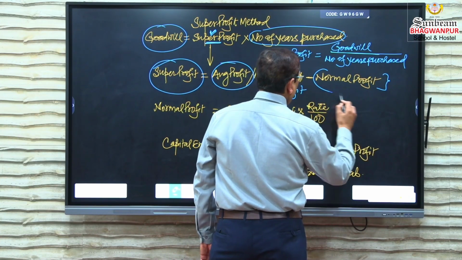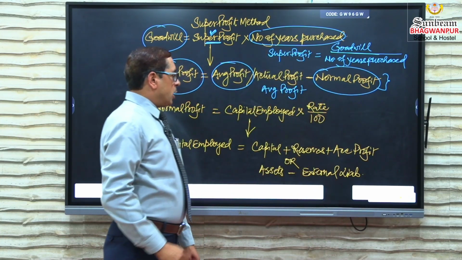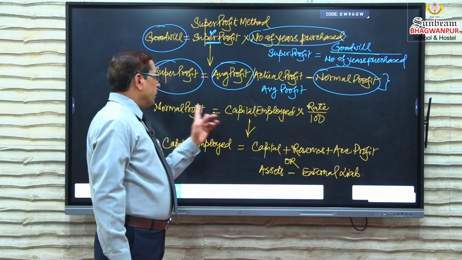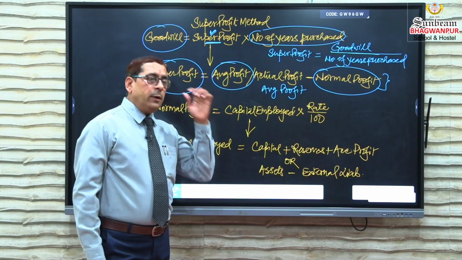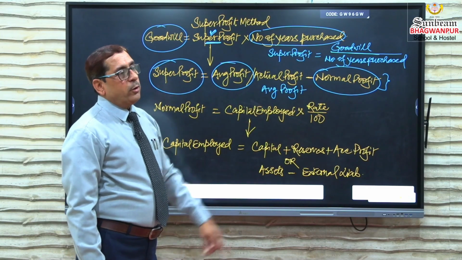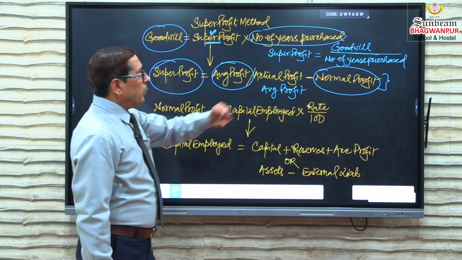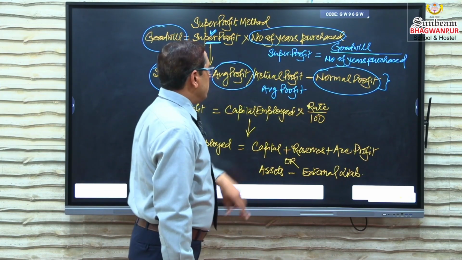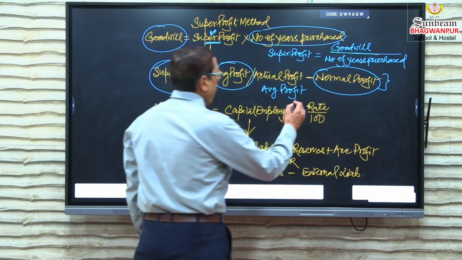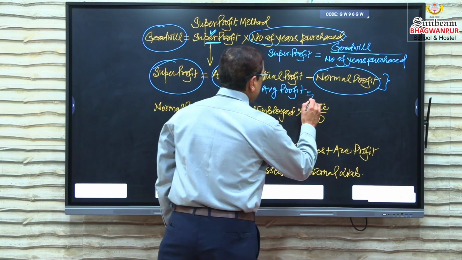If you have calculated the normal profit by applying this formula, capital employed multiply rate upon 100, then super profit is known to you and normal profit is known to you, so how can you calculate average profit?